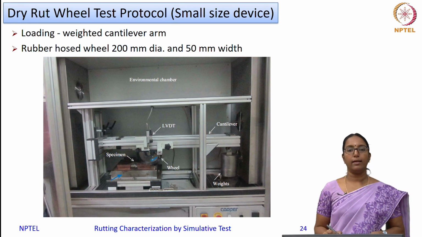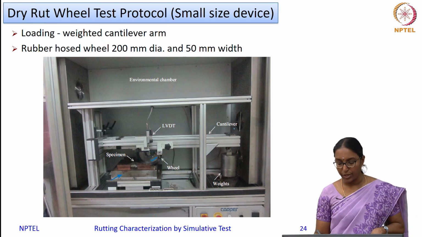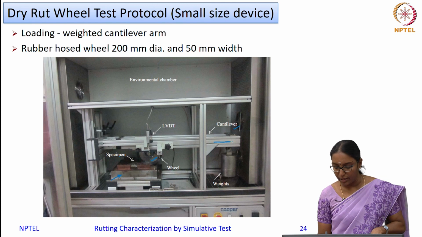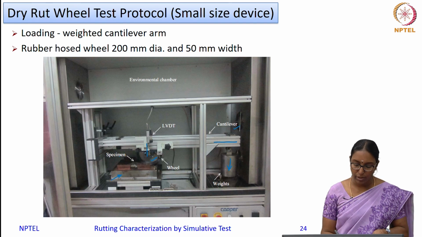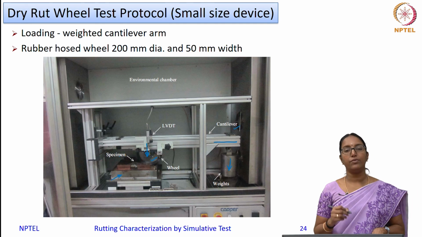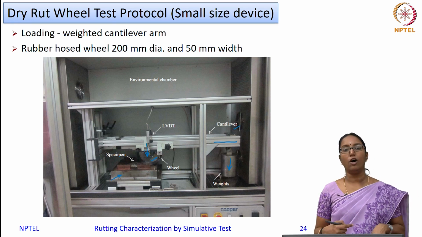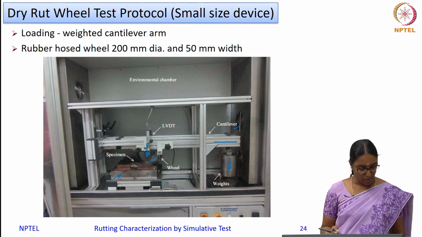The wheel load is applied using a cantilever arm. You can see the cantilever arm here with the load applied at the end, so that the equivalent required wheel load will be applied through the wheel on the surface. As I said, the wheel is a rubber hosed wheel of 200 mm diameter and the wheel path is of 50 mm width.